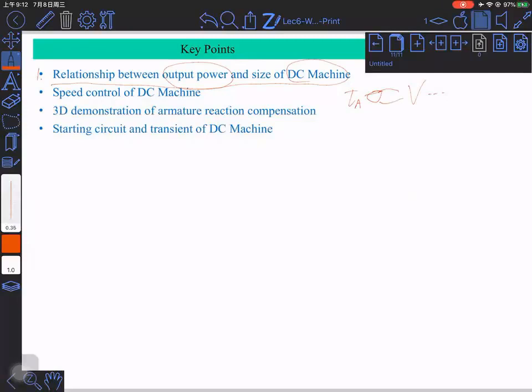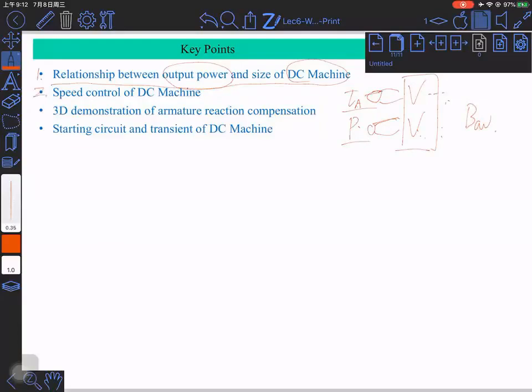The output mechanical power is also proportional to the volume. So by increasing the volume, you can increase the two. Or if you want to keep the volume constant but increase the torque or the power, you can manipulate the other variables, such as the average flux density.